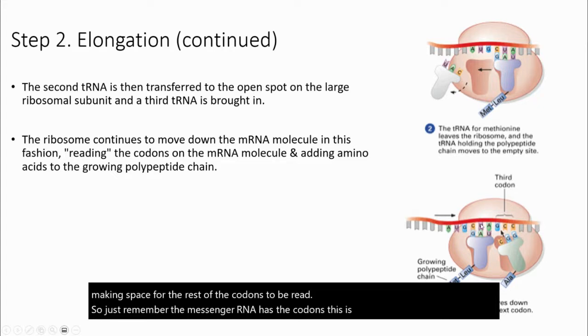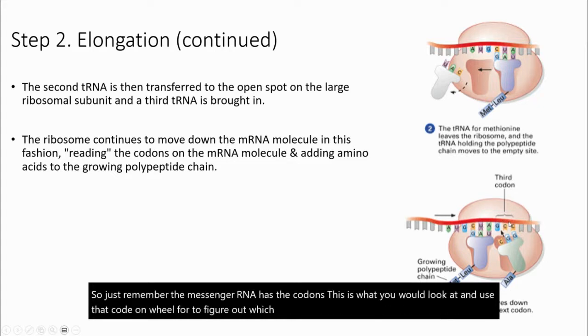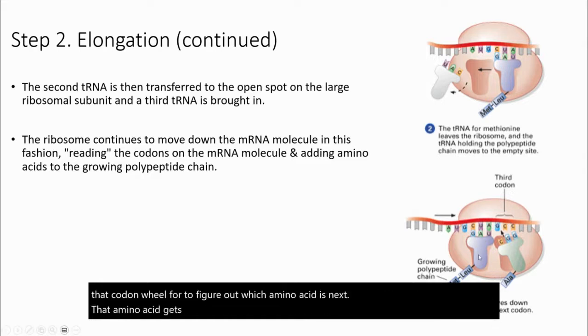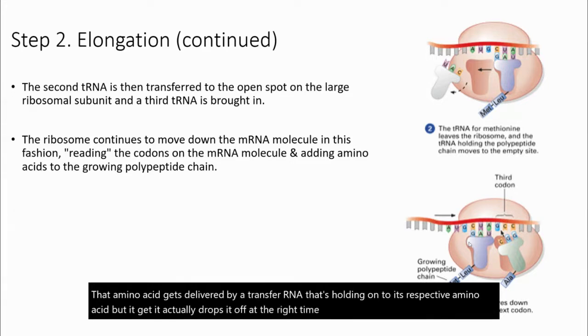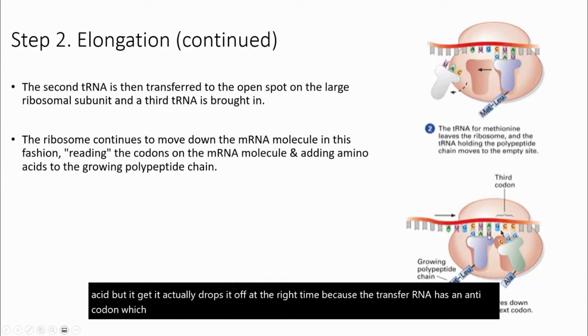Okay? So just remember, the messenger RNA has the codons. This is what you would look at and use that codon wheel for to figure out which amino acid is next. That amino acid gets delivered by a transfer RNA that's holding on to its respective amino acid, but it actually drops it off at the right time because the transfer RNA has an anticodon, which is opposite of the codon on the messenger RNA.